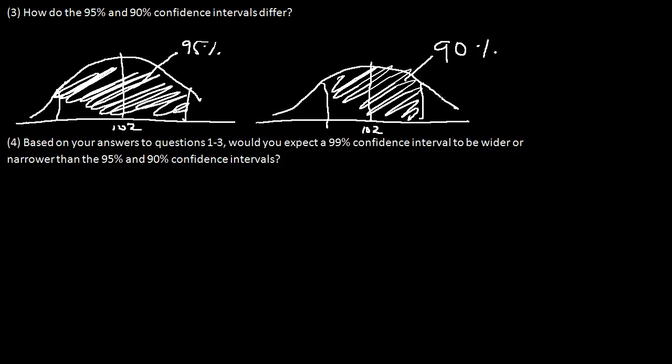So how can I say how they differ? The 95% confidence interval is wider. This is wider, and this is narrower.